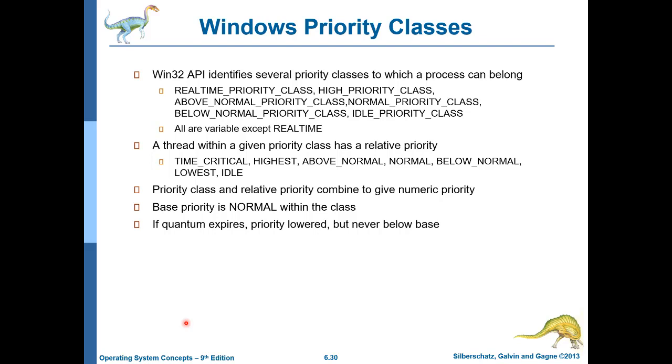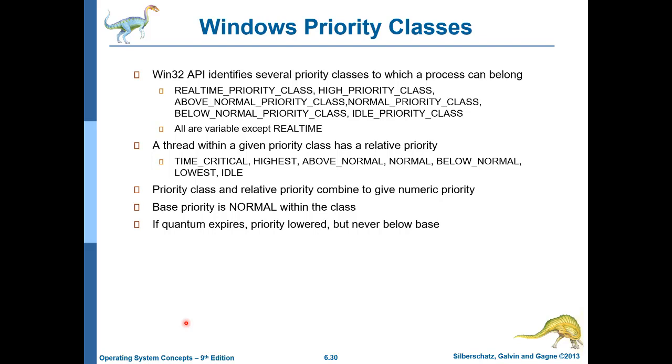In this Win32 API we have these priority classes: real-time priority class, which is the highest, then high priority, above normal priority, below normal, and then the idle priority. These are the 6 priority classes, and they are all variable, which means that they have values between 1 and 15, except the real-time priority, which has values from 16 up to 31.